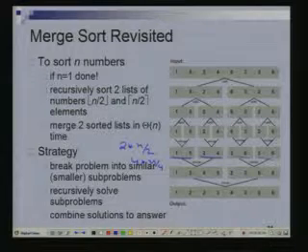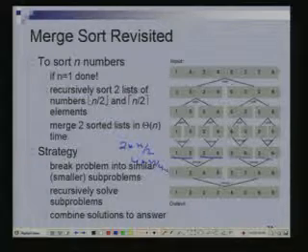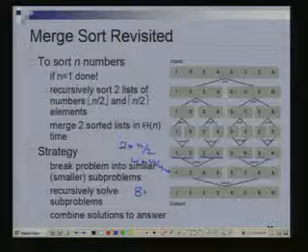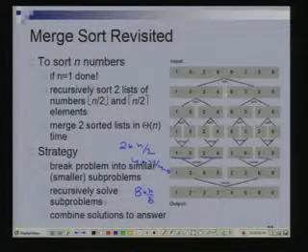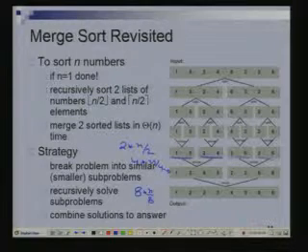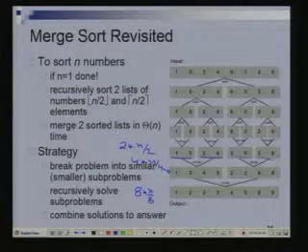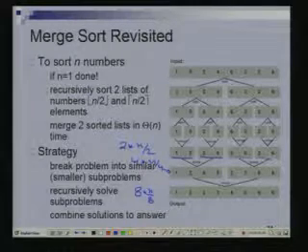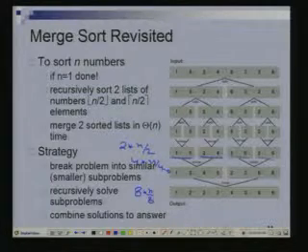And the next one would take 8 units of time, and there are n by 8 such merges. Here n is 8, so there is only one such merge, but in general there would be n by 8, and so you would get such a sequence. This is what you have to sum. This is the total time spent by your algorithm. We will see this in a slightly different way in a short while.